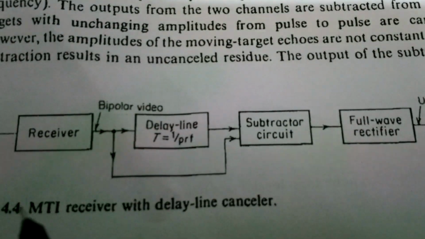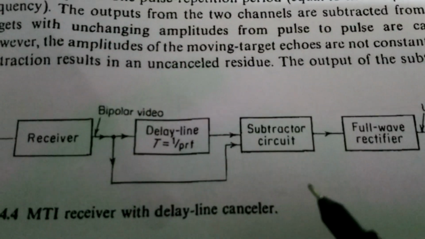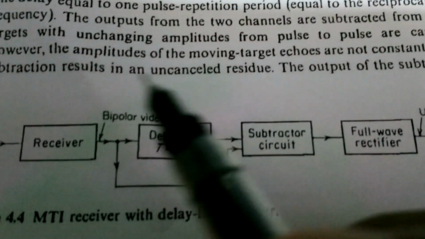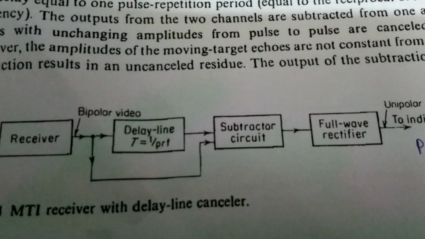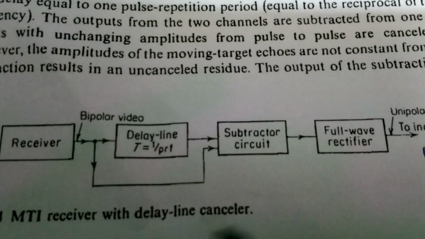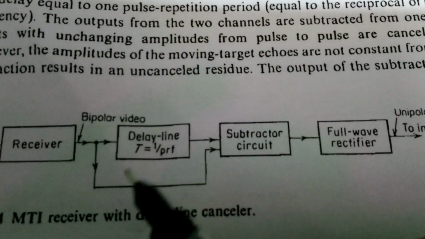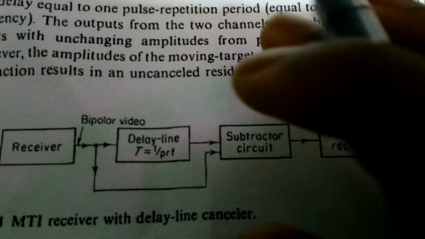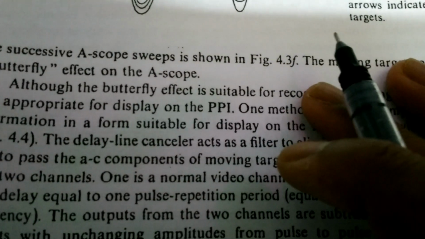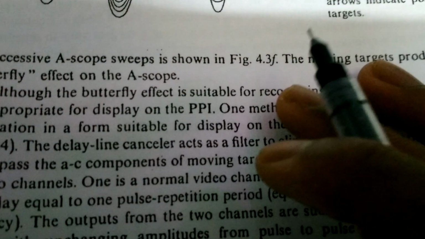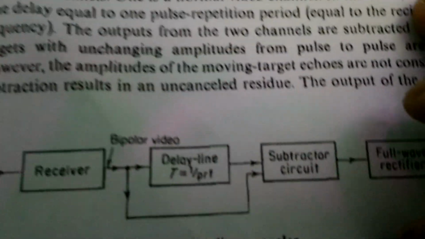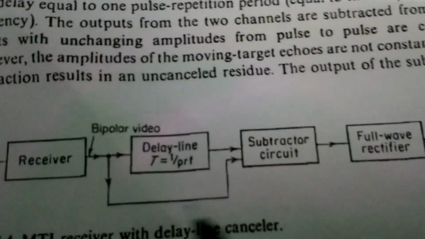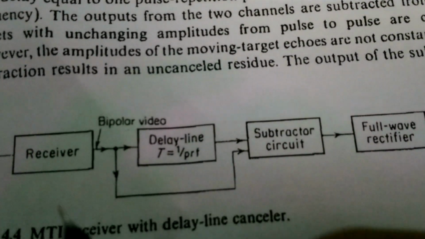If you observe this MTI receiver with delay line canceller, right? You have to write this concept on your own, in your own description. Don't try to write with complicated words, just try to write with easy words.